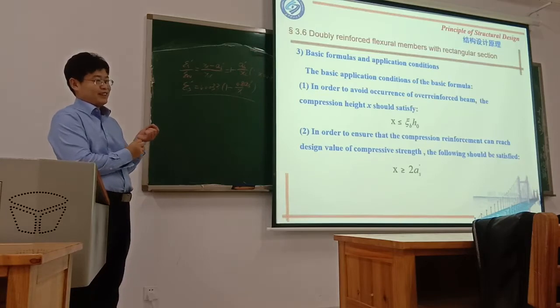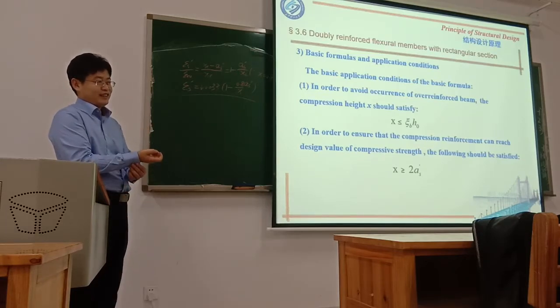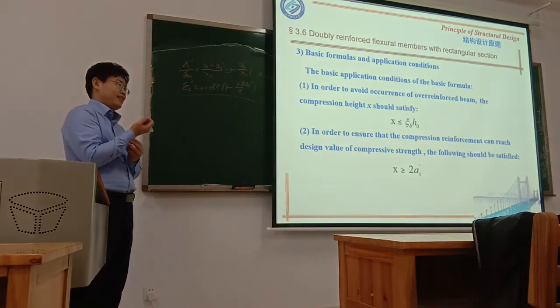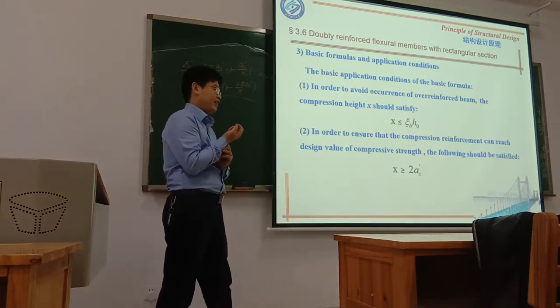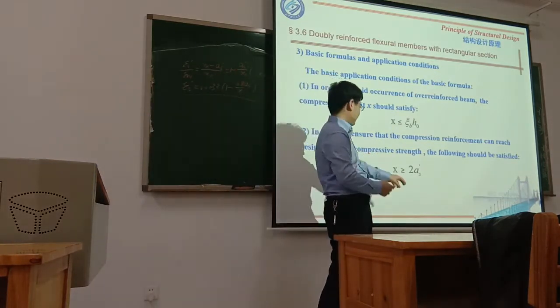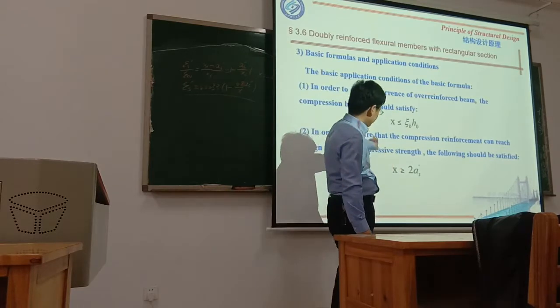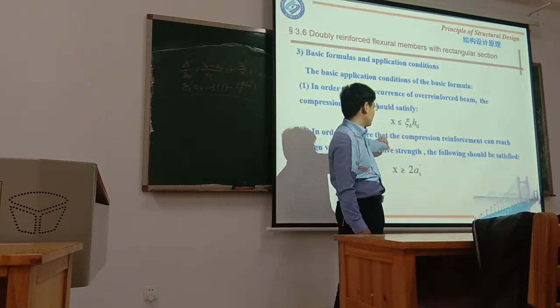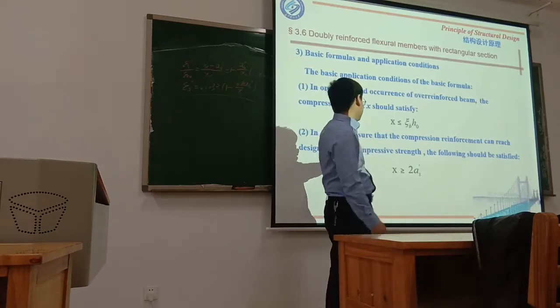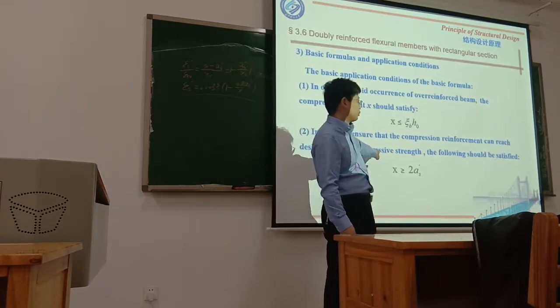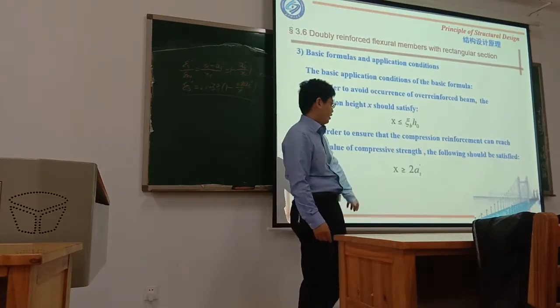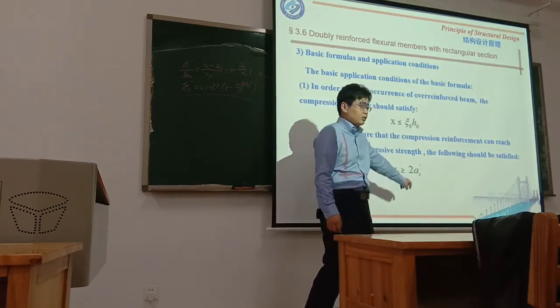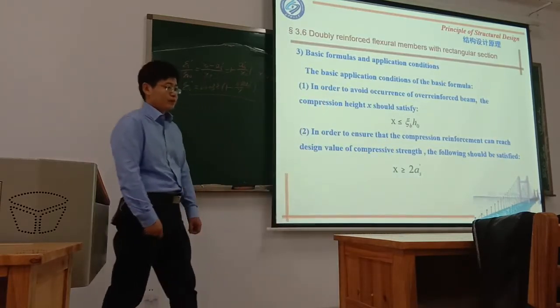We say in order to make sure the reinforcement in the compression zone reaches the yield strength, we need X larger than 2 times AS prime.